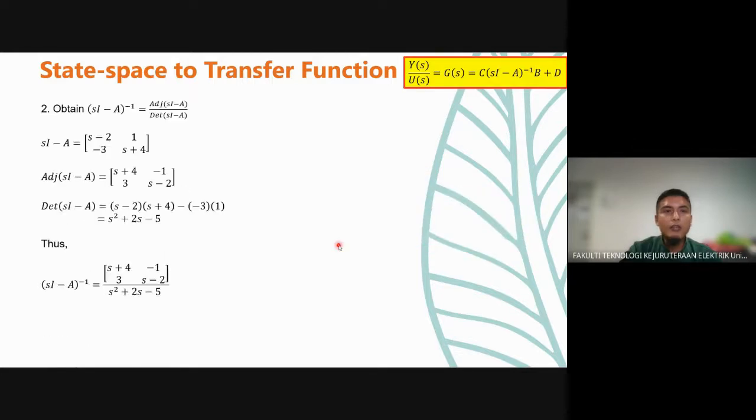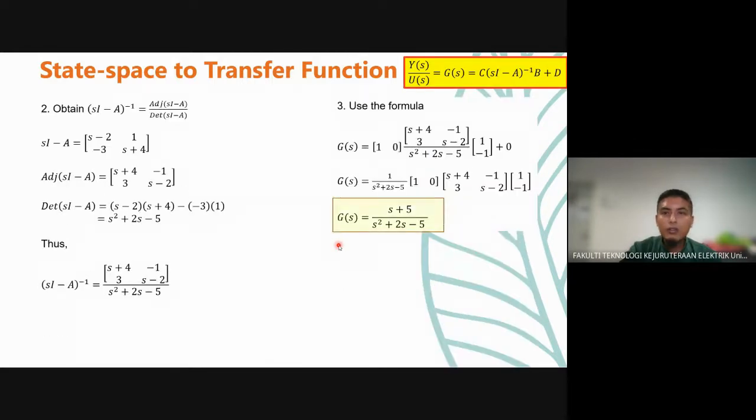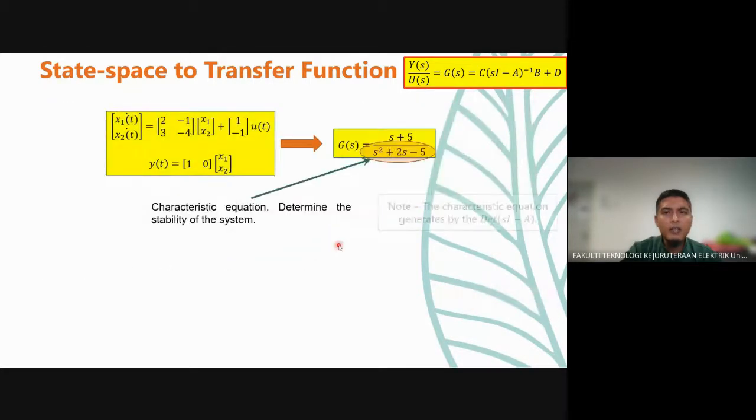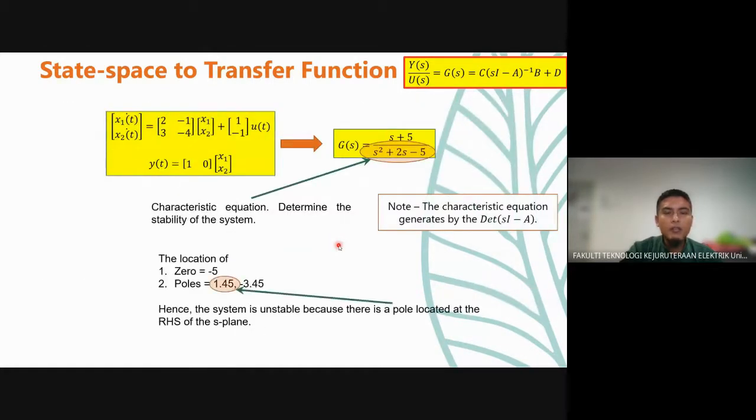And then we go through how to do it, and after that the second example. After we obtain the transfer function, we can know our characteristic equation, where the characteristic equation can be obtained from the determinant of sI minus A only.